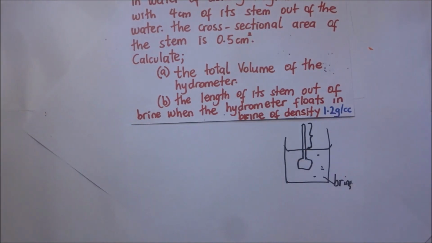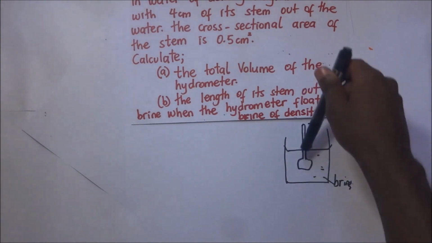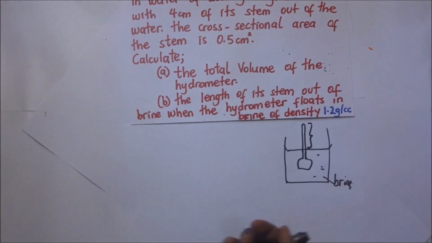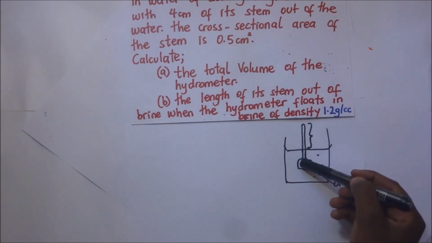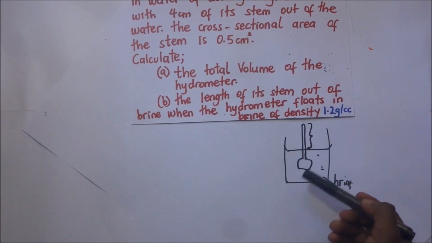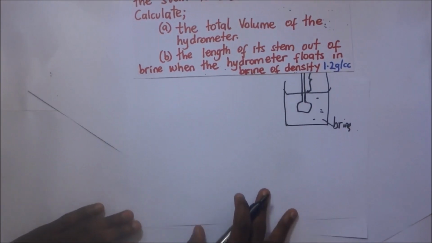So the principle we use is the principle of flotation. The law of flotation says that this hydrometer, when it is dipped into this brine, is only going to displace its own weight of fluid. So the weight of this hydrometer is equivalent to the weight of the brine that has been displaced. So we begin from that point.